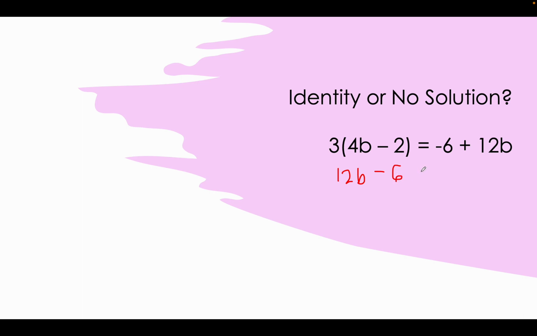All right, can you already see it? I have a -6, a -6, and a positive b, and a positive 12b, and a positive 12b. This is the identity. When you see it being exactly the same on both sides, you know that this is not solvable. It's an identity equation. Any number could be b.